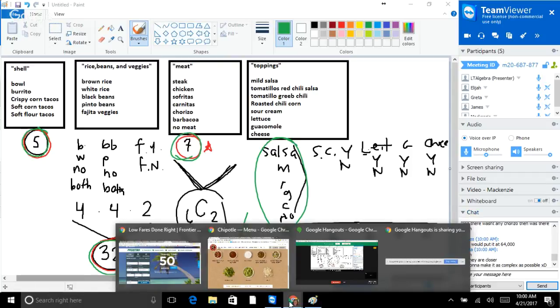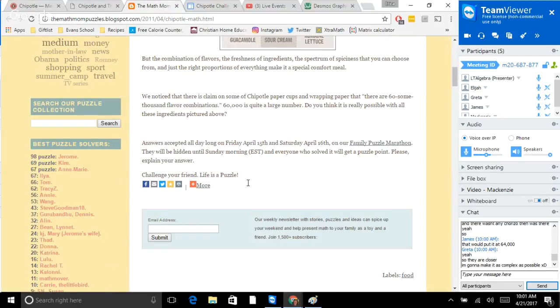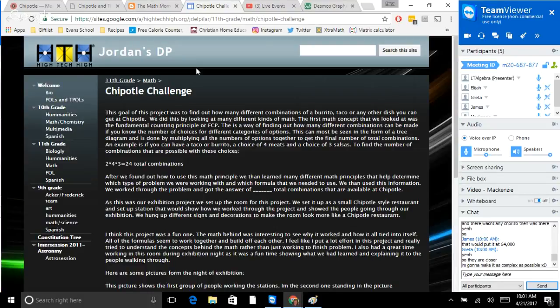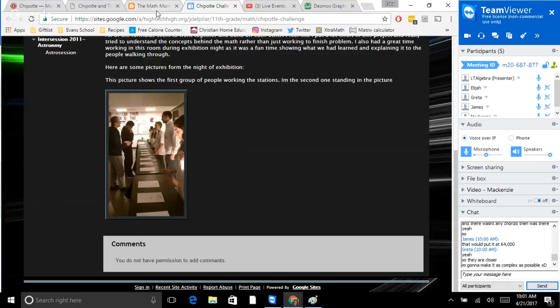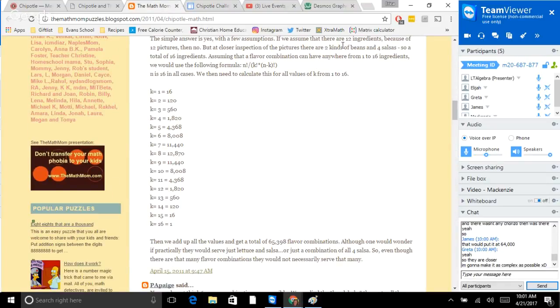There is a website, so you'll notice that one of the people said they did it a completely different way. Where's it at? Oh, where'd it go? Here we go. What they did is they just basically said there are 16 ingredients. They counted, and we have more than that now.